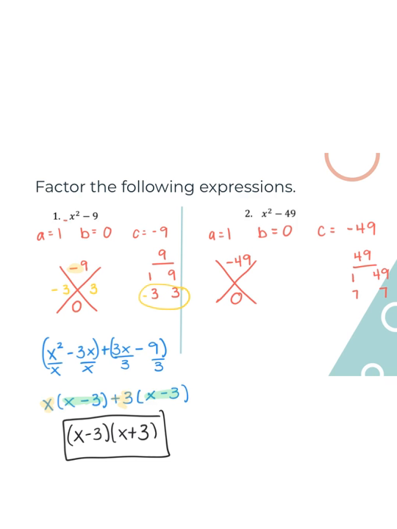Okay, so when I look at those, remember, if it's a 0, you're going to have the same number. It's just going to be one's going to be positive and one's going to be negative. So when I look at those, I know that this 7 and 7 has to be it, and one of them is going to be negative. So I'm going to stick my negative 7 here and my positive 7 there. And now I'm going to factor it like I did before.